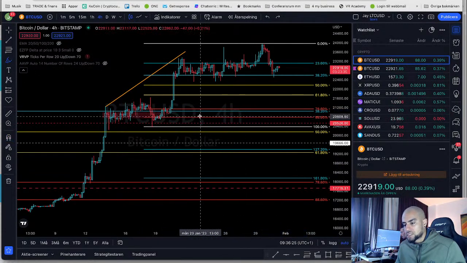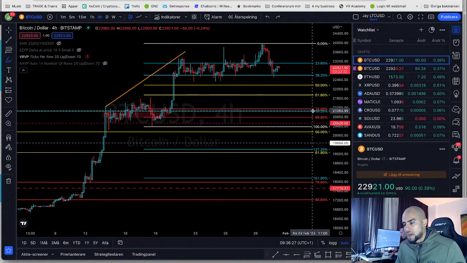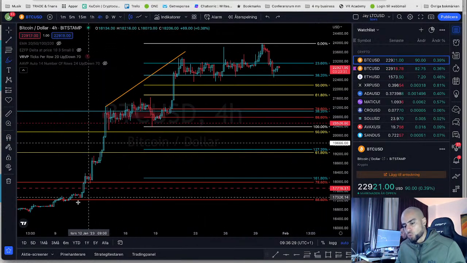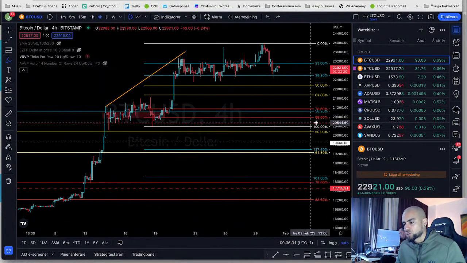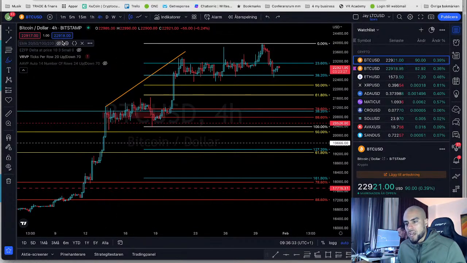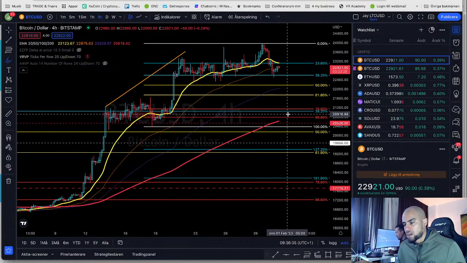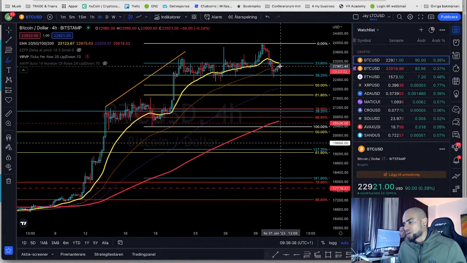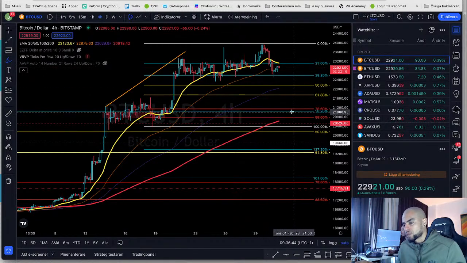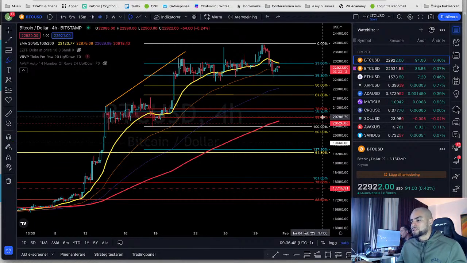So all these things are confluent. We have the 38.2 retracement on the biggest swing, we have the demand zone here, and we have the 200-day EMA that's coming into this zone. So I see the market bouncing off the 20-day EMA here with this double resistance that we got, coming down to this area, and from that we'll see what happens.